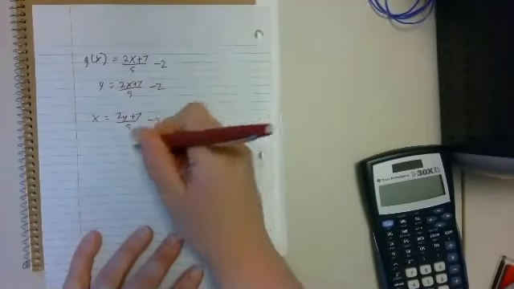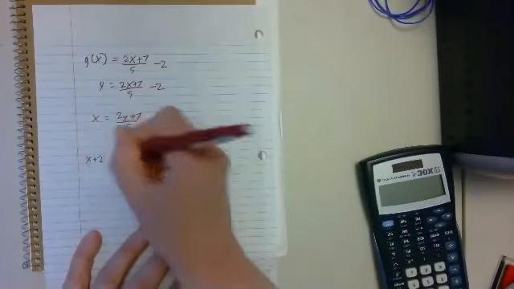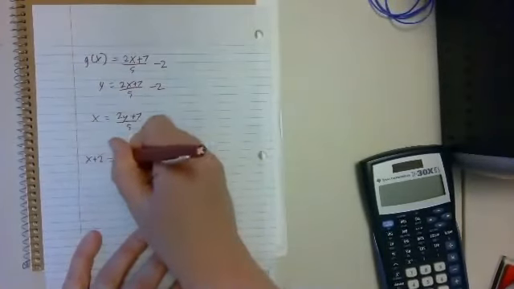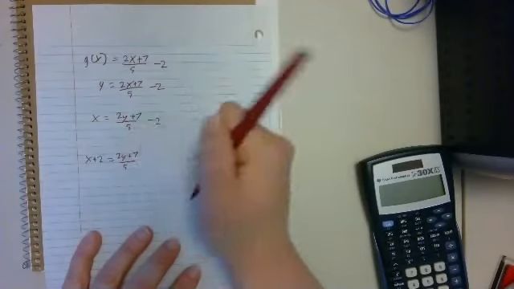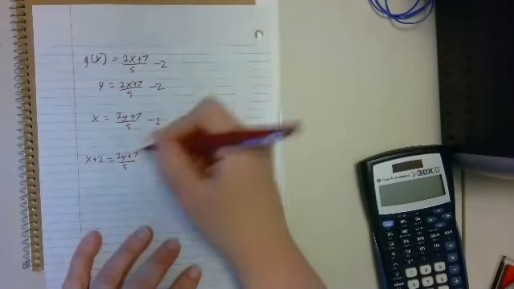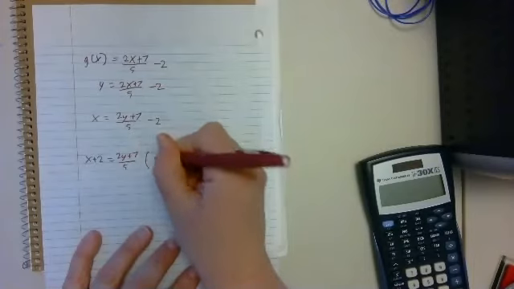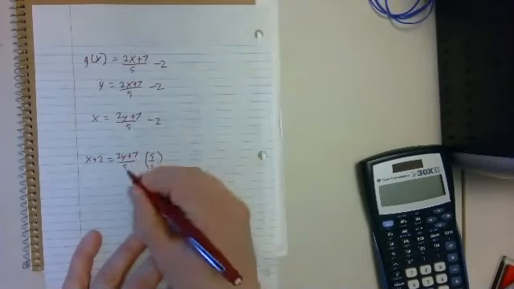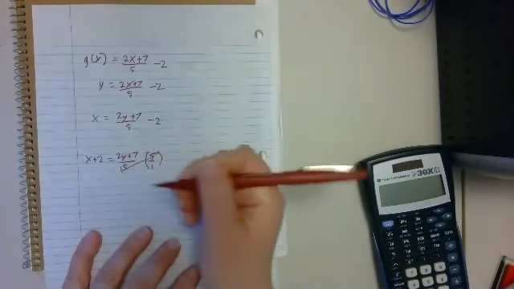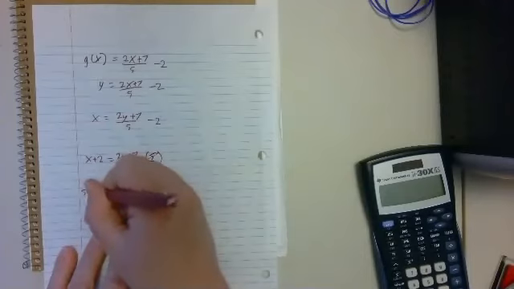Start by adding 2 to both sides, so I get x plus 2 is equal to (2y + 7)/5. Multiply both sides by 5 because that's what will get rid of that being on the bottom, because if I multiply this by 5 over 1, then I will get a big old 1 here. So I better multiply this by 5 as well.